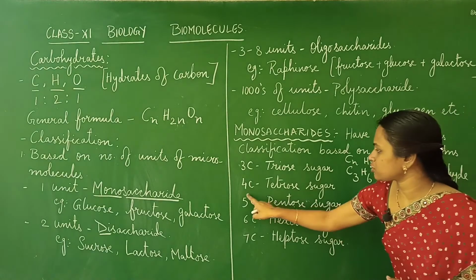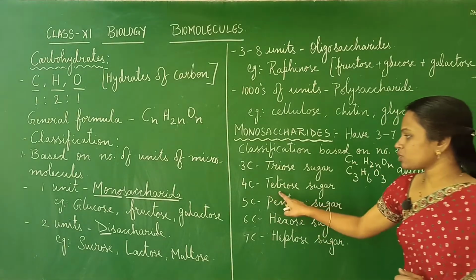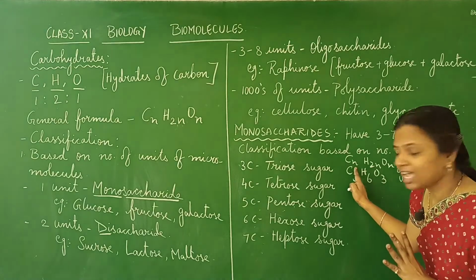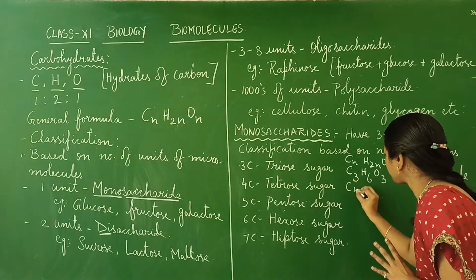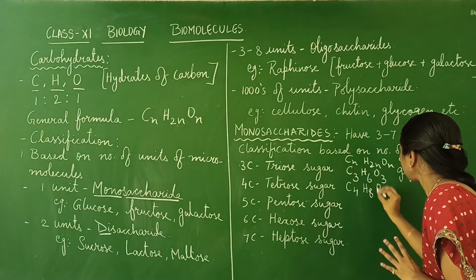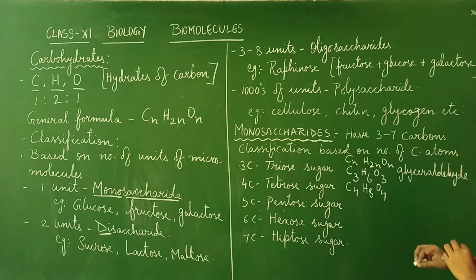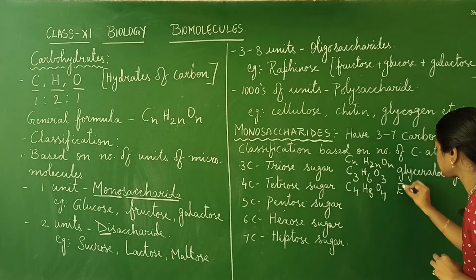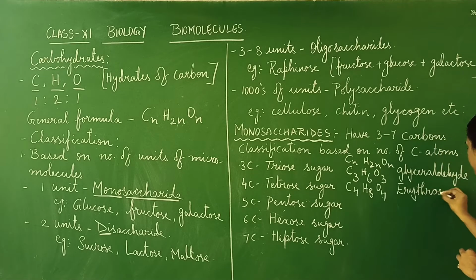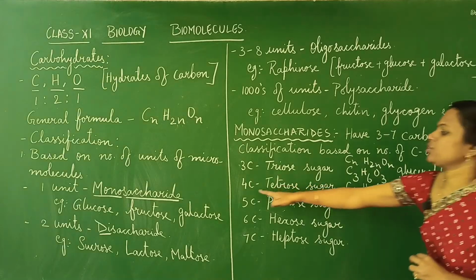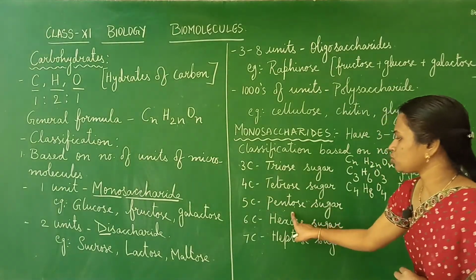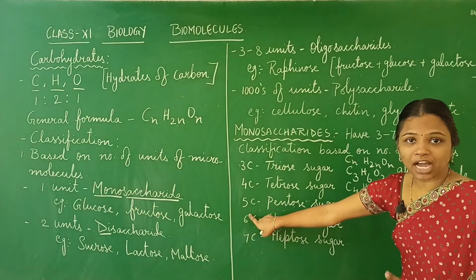Now, coming to the tetrose sugar. Tetrose means here it is 4 carbon atoms. So, what will be the n value? It will be C4, H8 and O4. The example here is erythrose. Now, coming to the pentose sugar, that is made up of 5 carbon atoms.